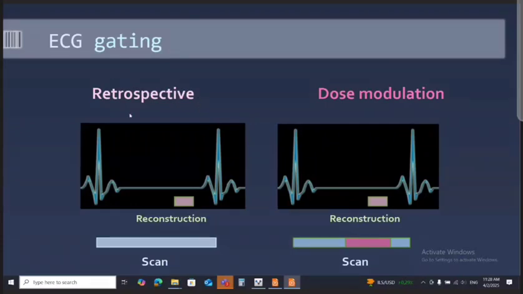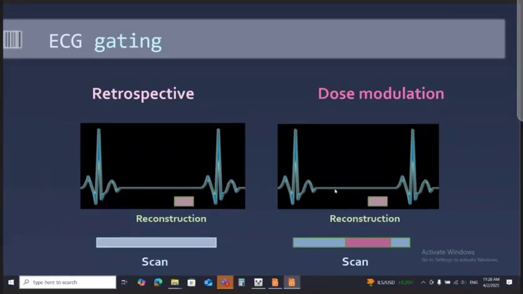To improve the conditions with the retrospective imaging, dose modulation was introduced. The dose modulation implied that the radiation is on throughout the cardiac cycle from the R to R, but the full dose is applied to the area of the cardiac cycle that is usually used for reconstruction of images, between 30 or 40% of the RR interval up to 80%.